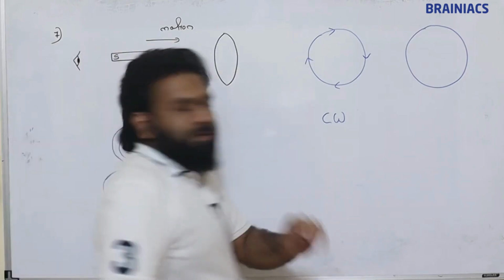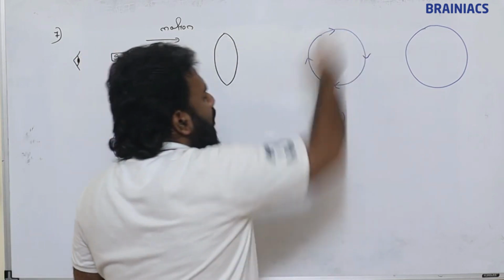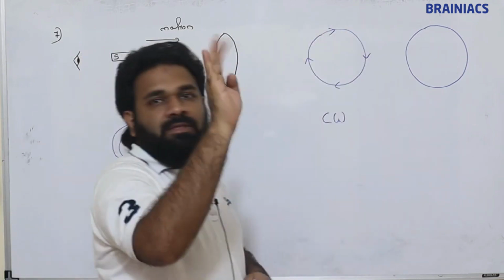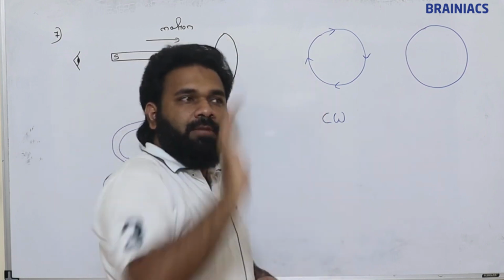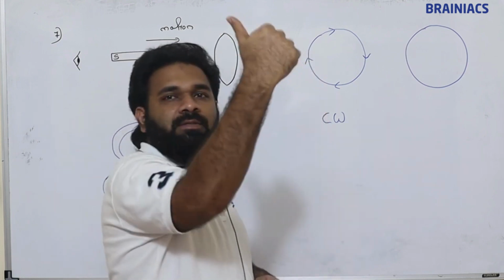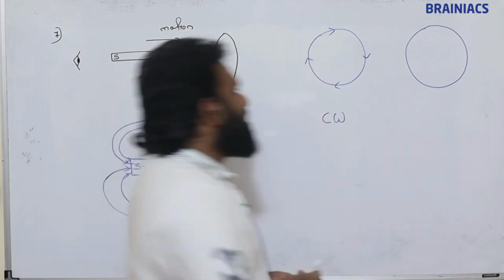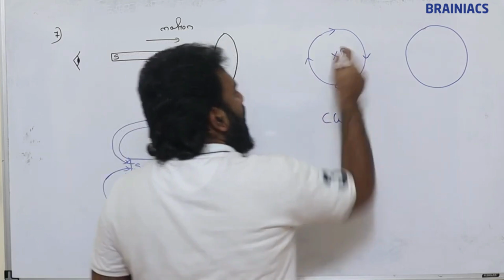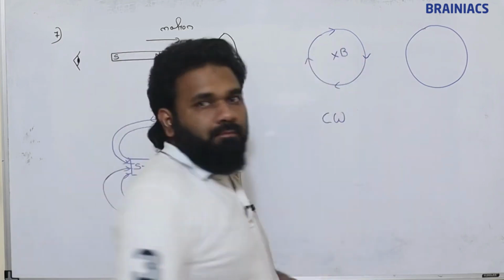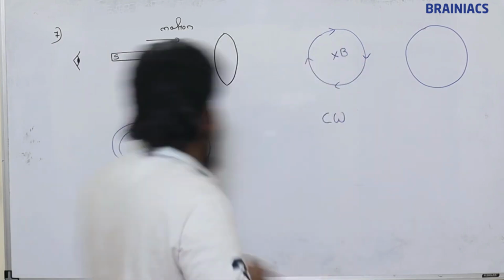Now come back to this. If the current is clockwise, this is the direction of current with these fingers, and the thumb is showing inside, which means the magnetic field is going inside.